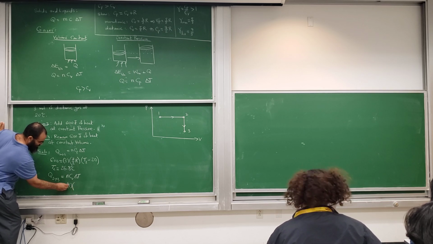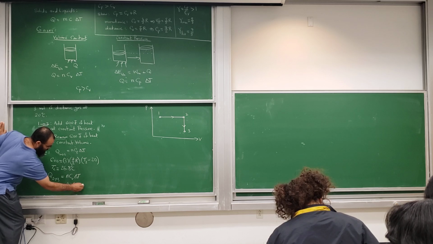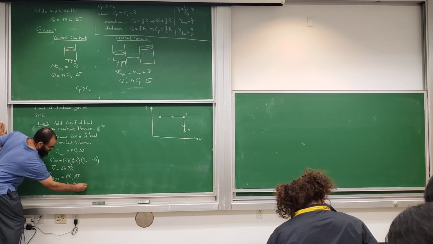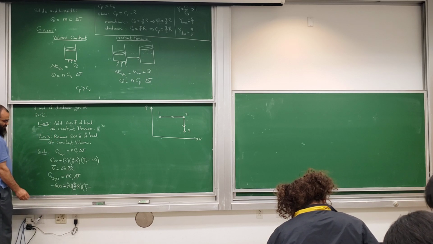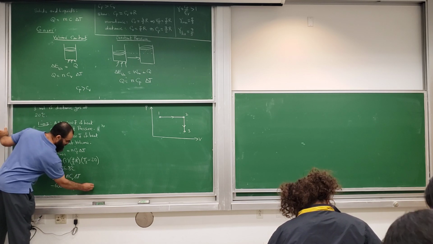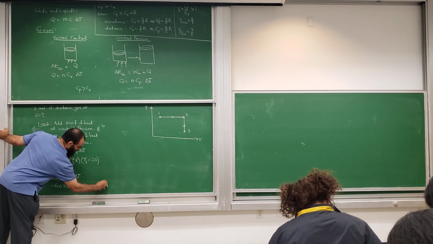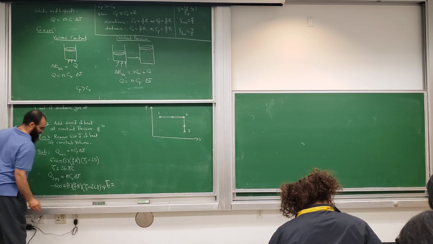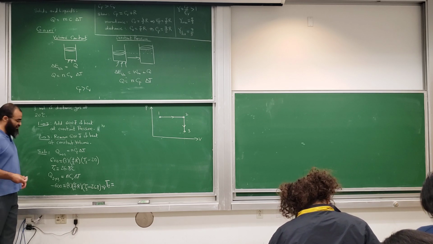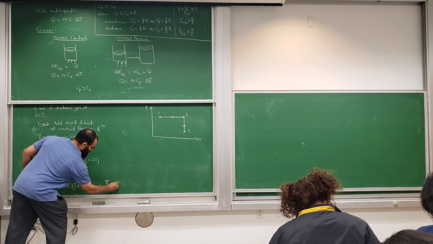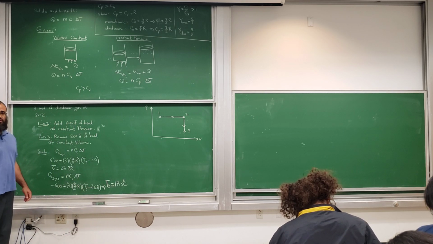CV is 5 halves R. And then delta T is T3 minus T2. And what's T2? 26.8. And so T3 is going to be 17.3 degrees Celsius.